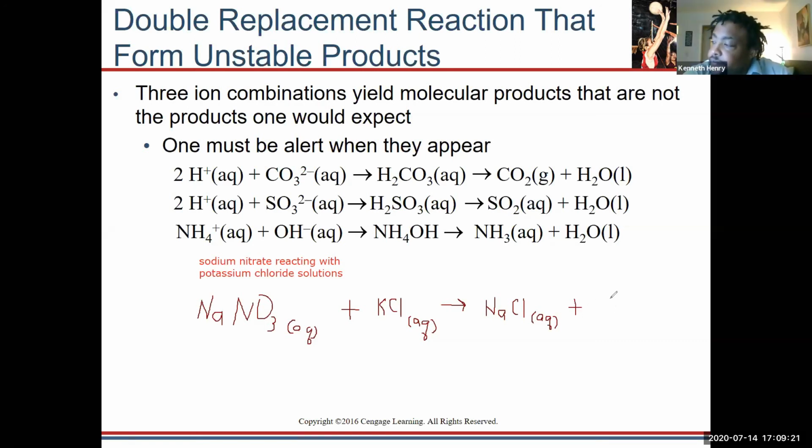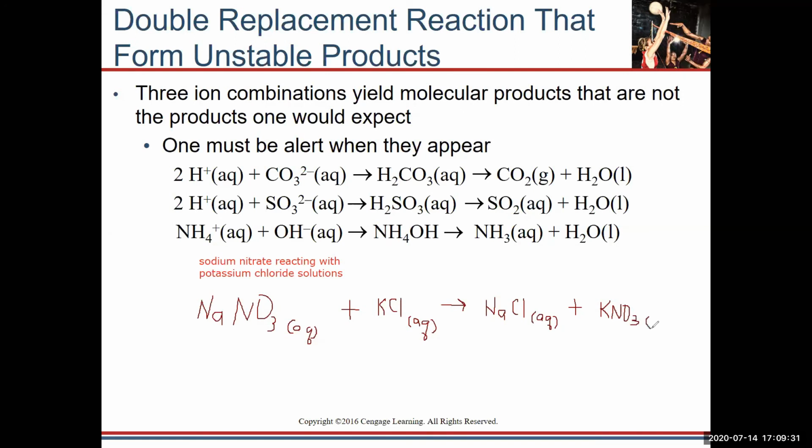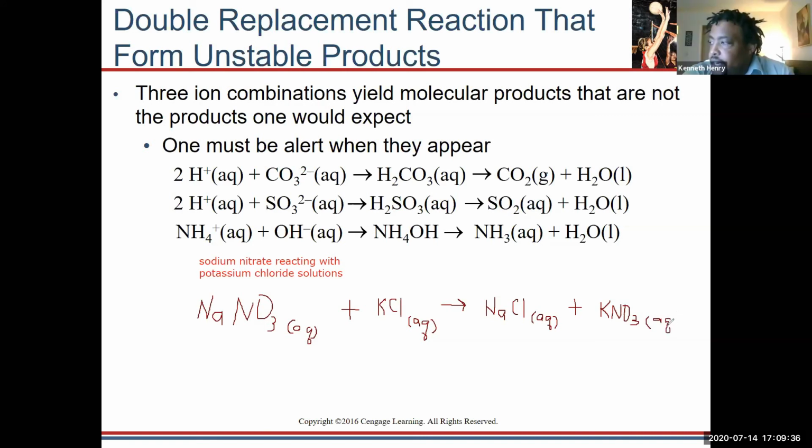And potassium nitrate. Solid, liquid, gas, or aqueous? Aqueous. So this should be a dead giveaway, the fact that you have everything aqueous. So when you do your total ionic equation, what are you going to end up with?